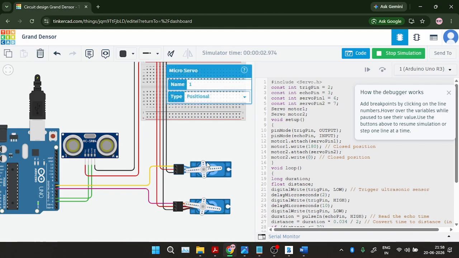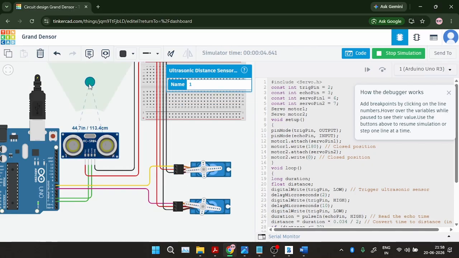So my idea here is this is the passage, and the traffic is going this way, and the train track is like this, top to bottom, between the two servo motors, and there is a road in this way.